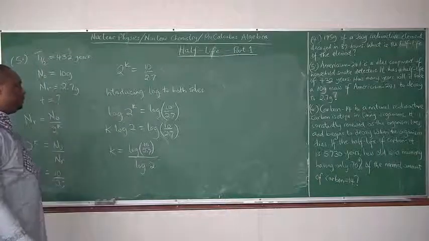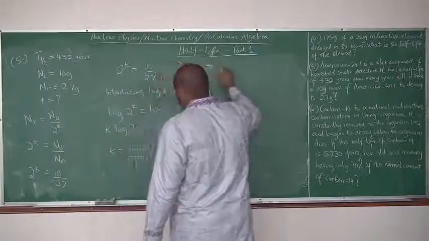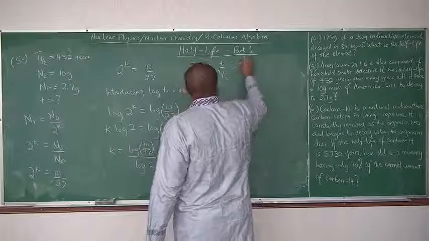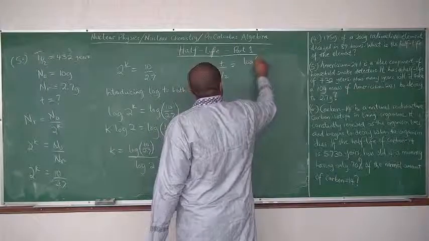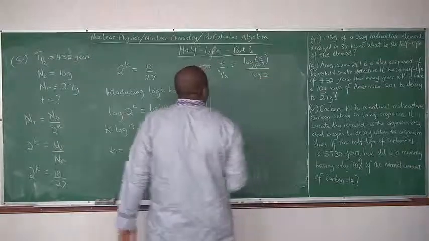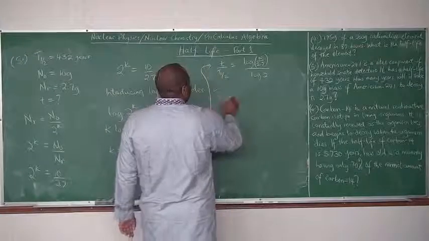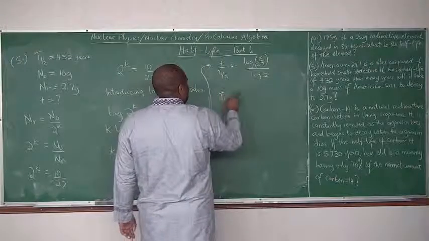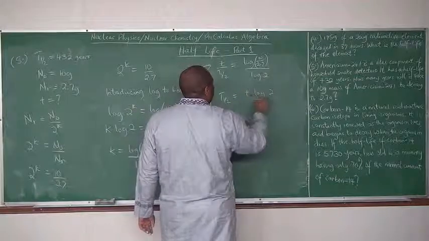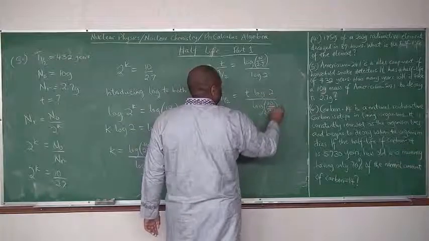But my k is t over t half, equal to log of 10 over 2.7 over log 2. That means that my t half will be t log 2 over log of 10 over 2.7.